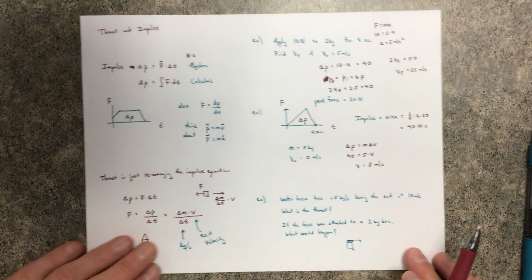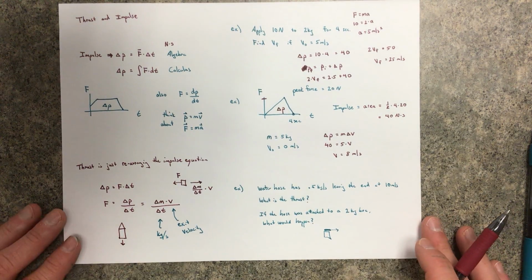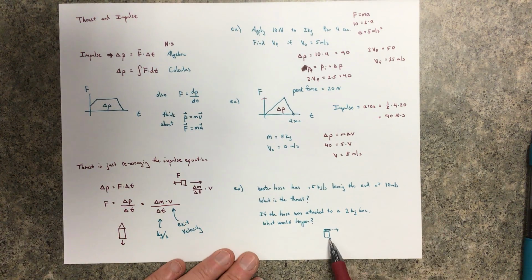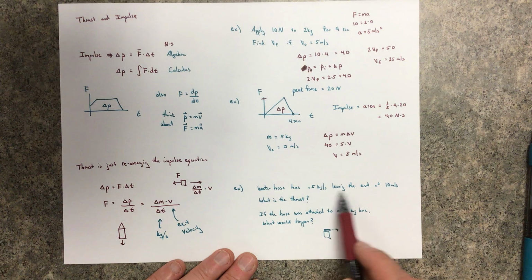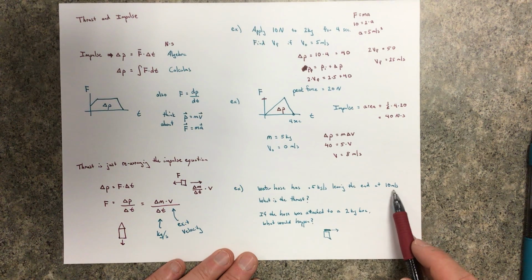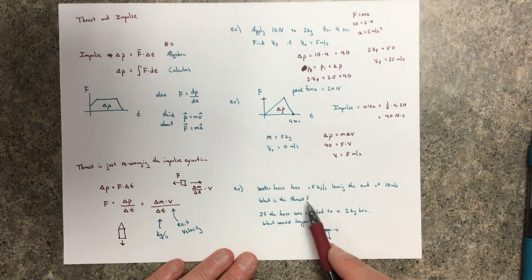And then this one's kind of looking at thrust. So it says a water hose is sitting up here, and it is throwing out water. Exactly 1/2 of a kilogram per second is leaving the end at a speed of 10 meters per second. And then what is the thrust?